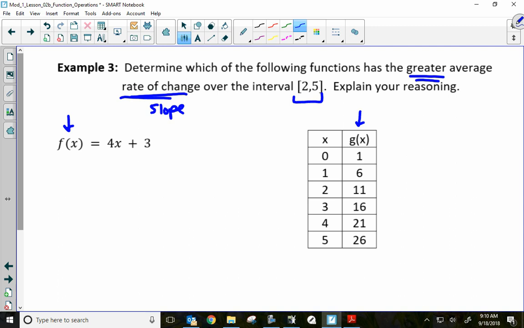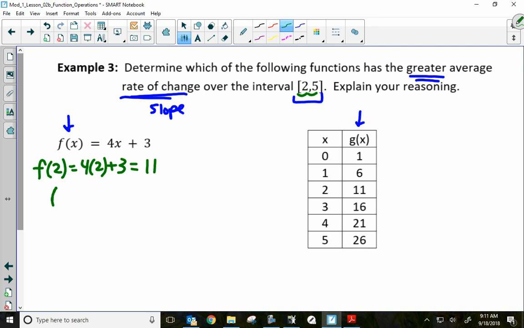Let's take a look at these things right now. From 2 to 5. So if I know my x values go from 2 to 5, I need to find the y values when x is 2 and when x is 5. So I do that by simply plugging in my x's. That's 8 plus 3, that's 11.